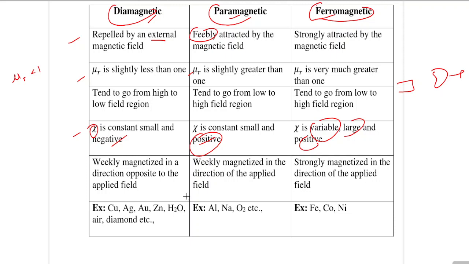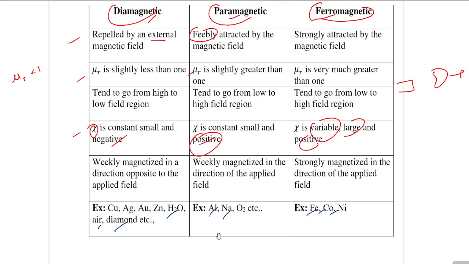One more point which could be learned is examples of it. So learn at least one example. Diamagnet, for example, diamond, air, water. Paramagnetic, aluminum, sodium, and ferromagnetic, iron, cobalt, nickel. So just learn any of these.